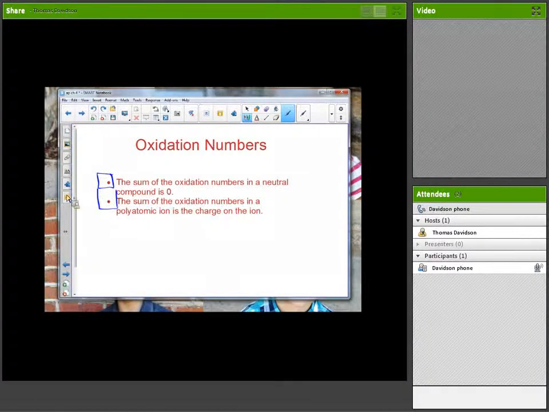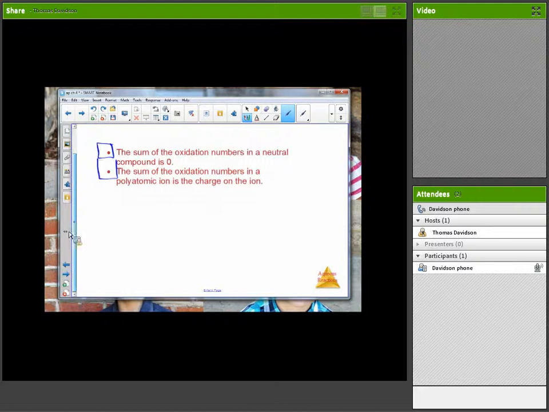Okay, so the 4 big rules to finding oxidation numbers is first, element equals 0. Okay, second, total equals 0. Third, oxygen equals a minus 2.